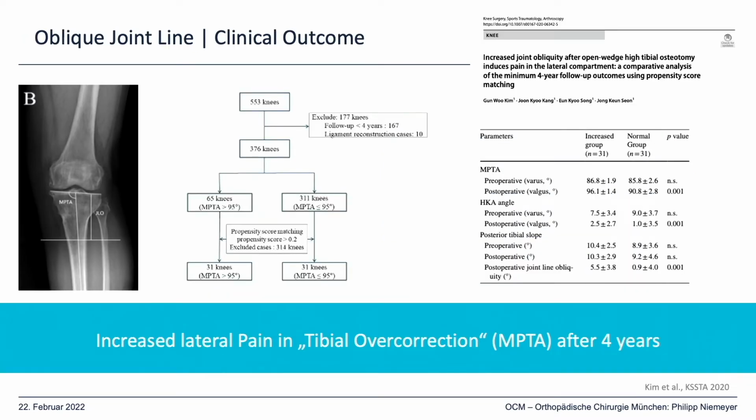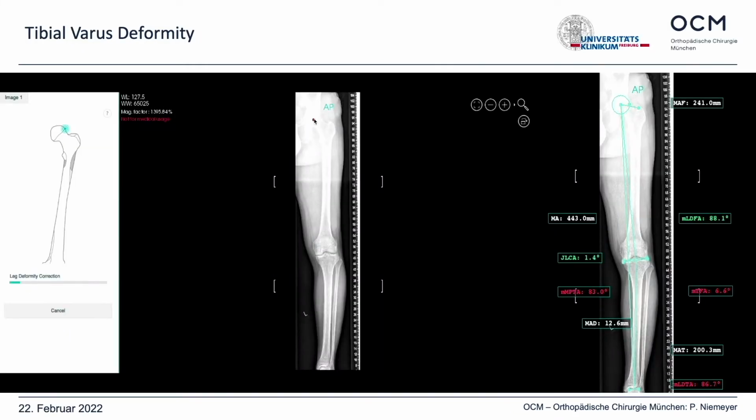This is also confirmed by some recent clinical data which correlate inferior outcome, specifically increased lateral pain, with an overcorrection of the tibial varus with an oblique joint line. And this is why you really have to care for a detailed analysis in your patients.